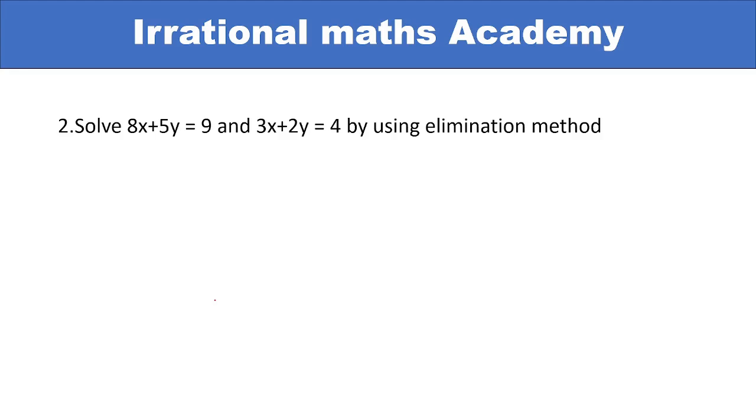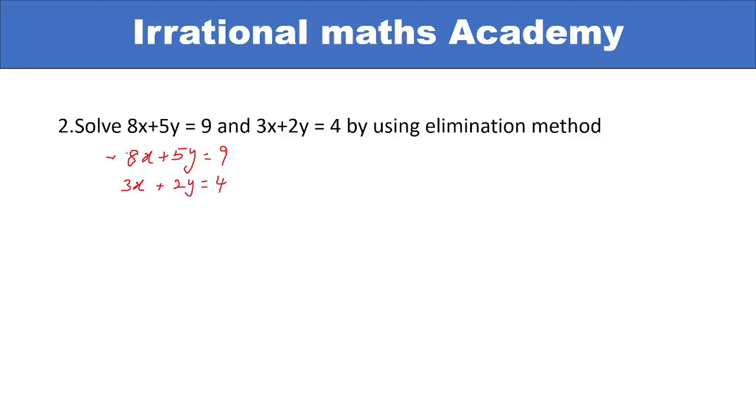Then make the signs of the two variables different. First I'll write down the given equations: 8x plus 5y equal to 9 and 3x plus 2y equal to 4.